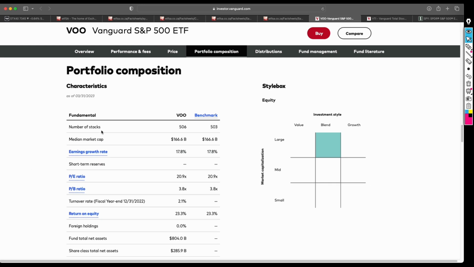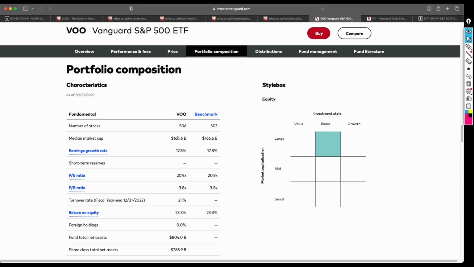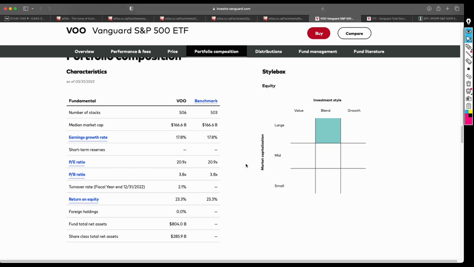Even though it tracks the S&P 500, it is actually tracking 506 companies, whereas the benchmark that it is tracking is composed of 503 companies. The median market cap of the companies, not of the ETF itself, is about 167 billion, with earnings growth for those companies.